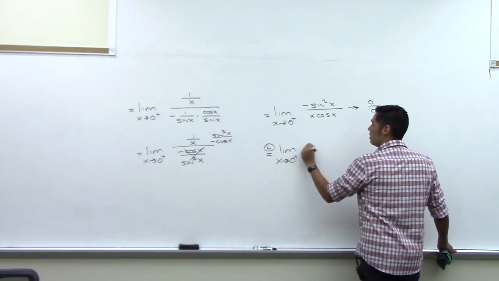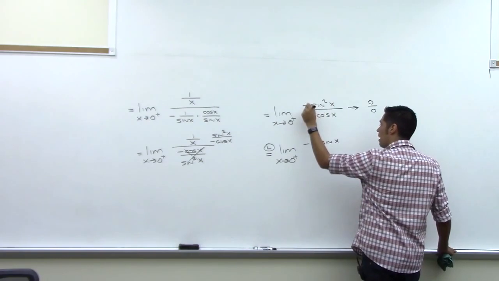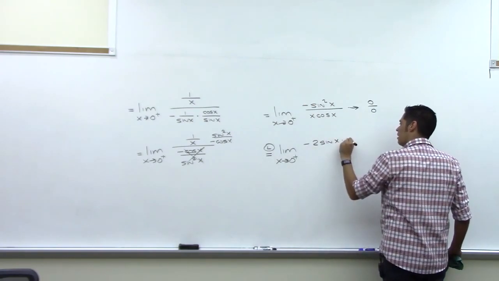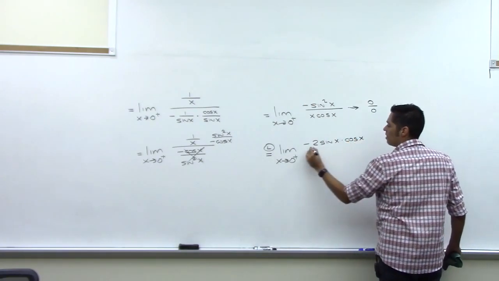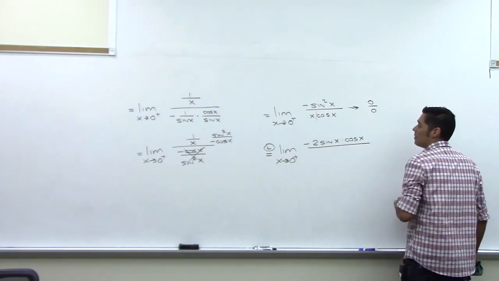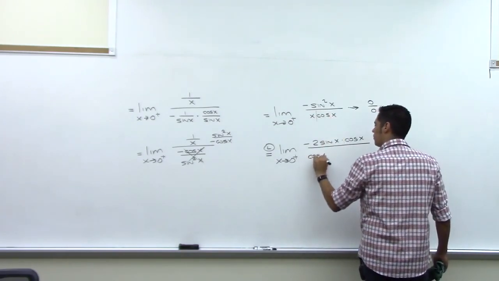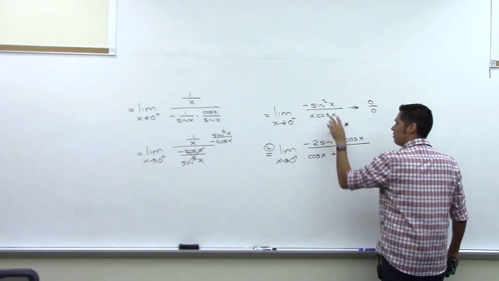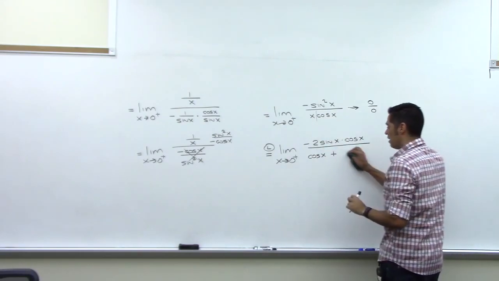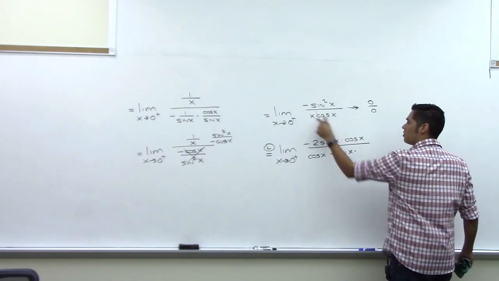So the negative stays, the 2 comes out, sine x, times the derivative of the inside, which is derivative of the sine, which is cosine, over, now we have down here a product rule. Derivative of the first one is 1 times cosine x, plus the derivative of the second one, which is negative sine x, so I'm going to put minus sine x, times the first one, which is x.